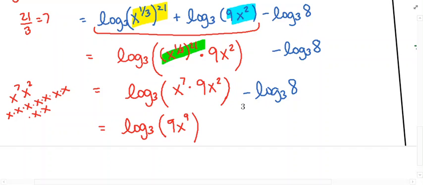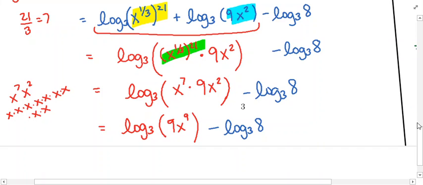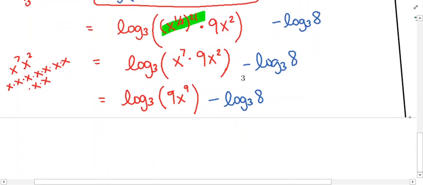Then we have minus log base 3 of 8. We can combine these into one logarithm because they're both log base 3. We're going to combine it into one base 3 logarithm, and we're subtracting them, so subtraction will turn into division.